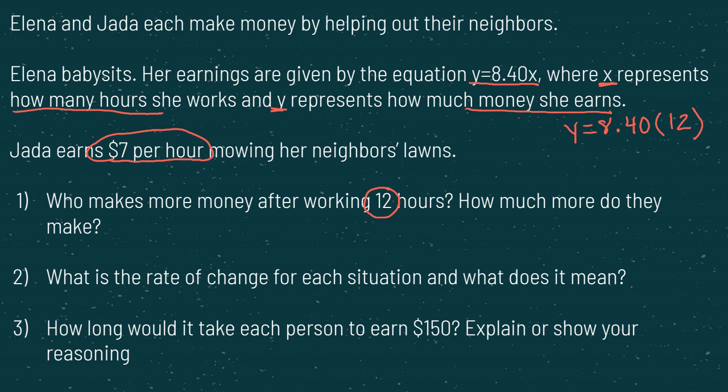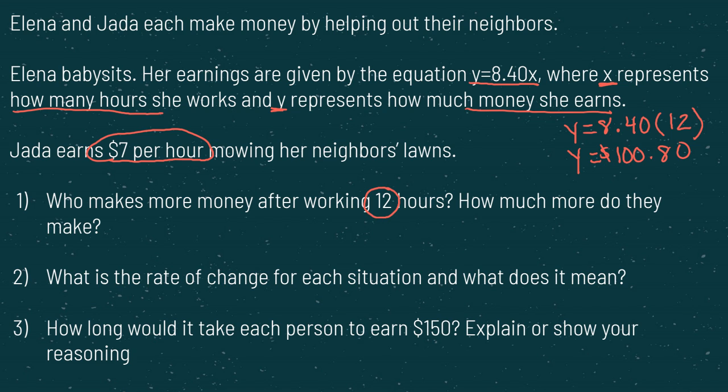So what is 8.40 times 12? 8.40 times 12 equals $100.80. So Elena makes $100.80.